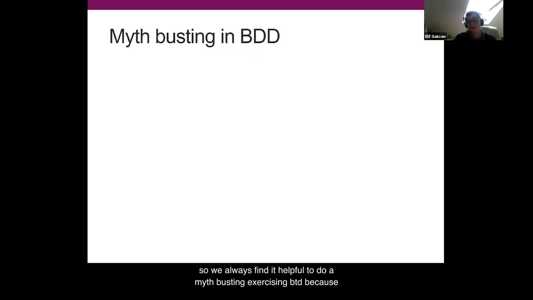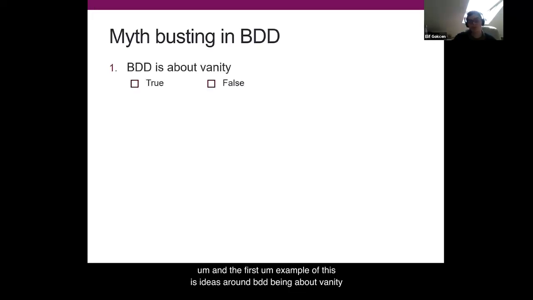So we always find it helpful to do a myth-busting exercise in BDD, because there could be lots of information out there that isn't quite accurate. And the first example of this is ideas around BDD being about vanity. So what we know is that this is false, and we know that BDD is absolutely not about vanity, and that it is a mental health condition that causes a significant amount of distress for the young person.